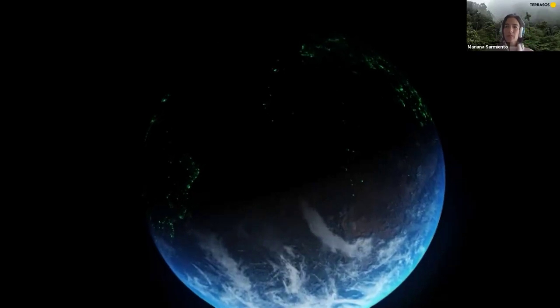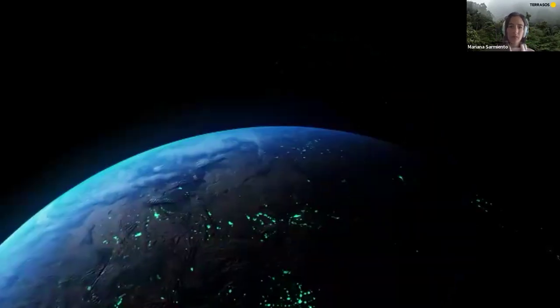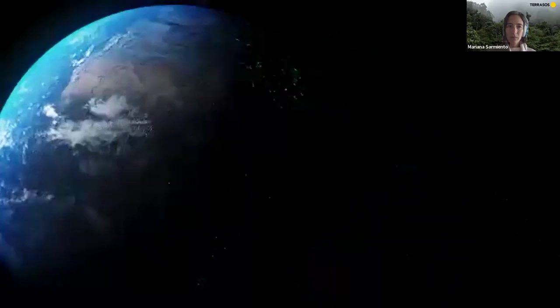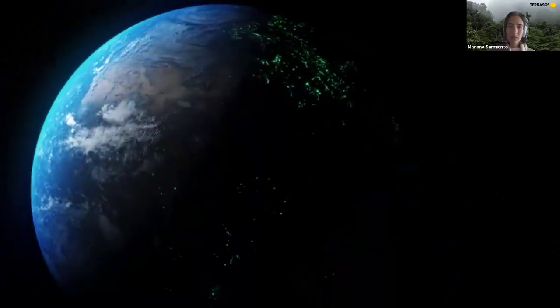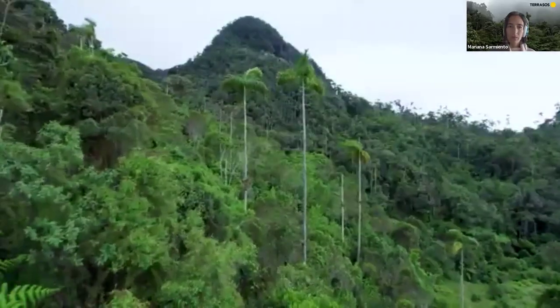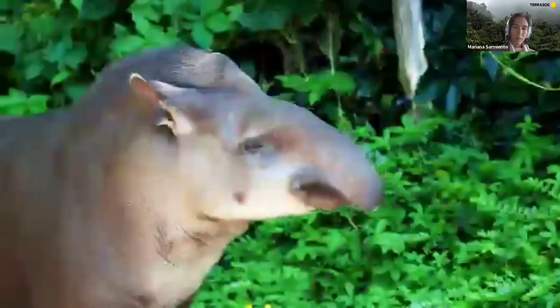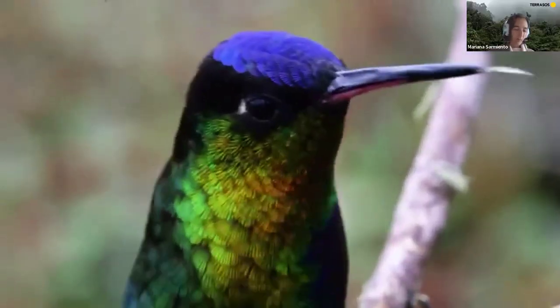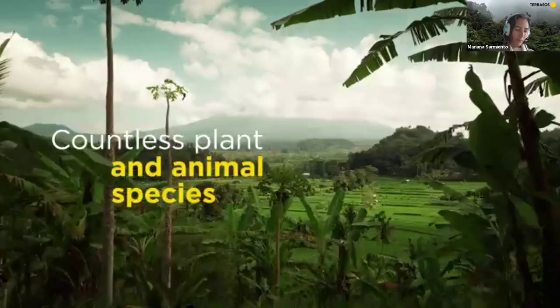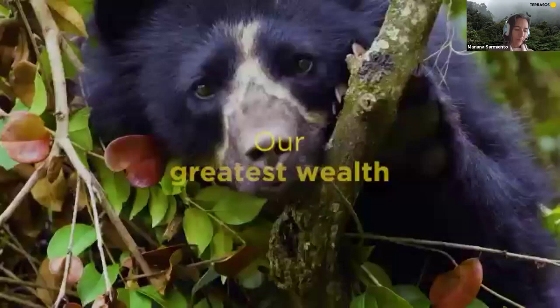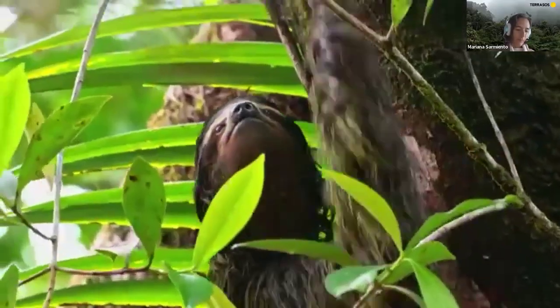There is only one planet Earth. We only know of one place in the universe where the exuberance of life exists. That exuberance is expressed in terms of biodiversity. Countless plant and animal species that are our greatest wealth and upon which we depend.